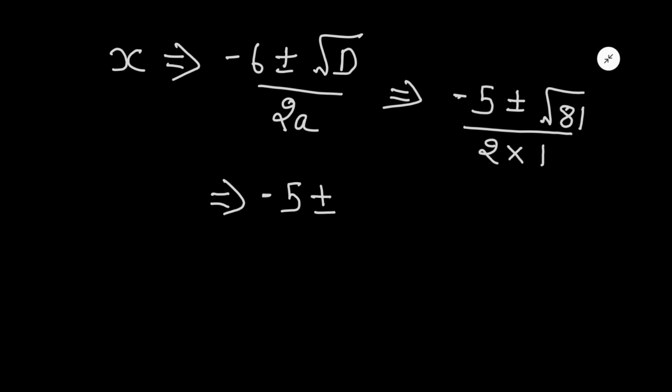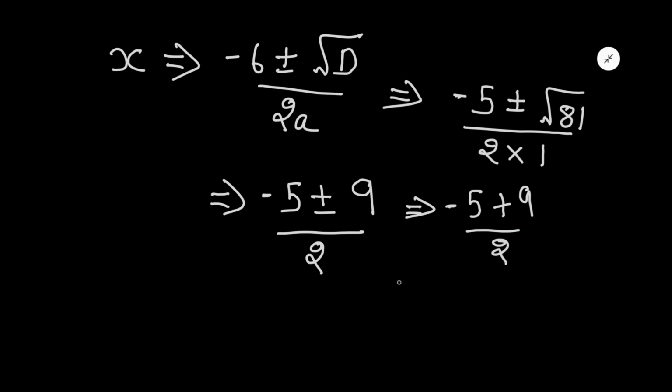As we know, the square root of 81 is 9. 2 into 1 is 2. So there are two different equations. One is minus 5 plus 9 over 2 and the other one is minus 5 minus 9 over 2.